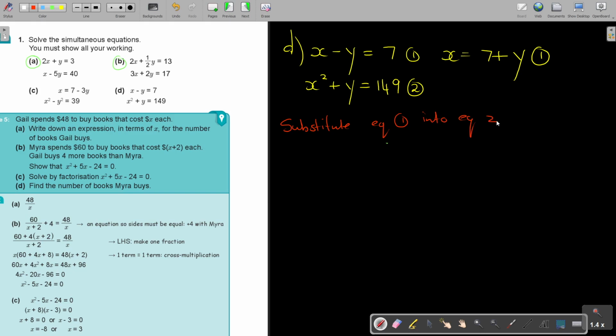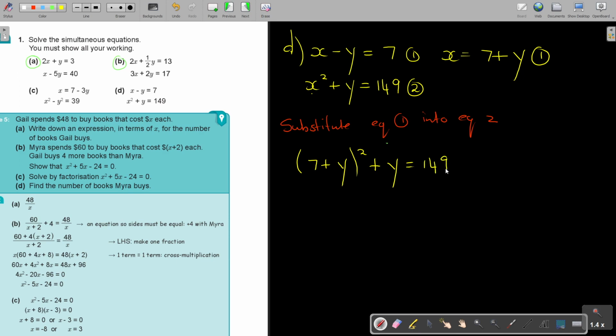So this is in the place of x, again giving me that nice square. So it's going to be 7 plus y, square, plus y, and that's 149.